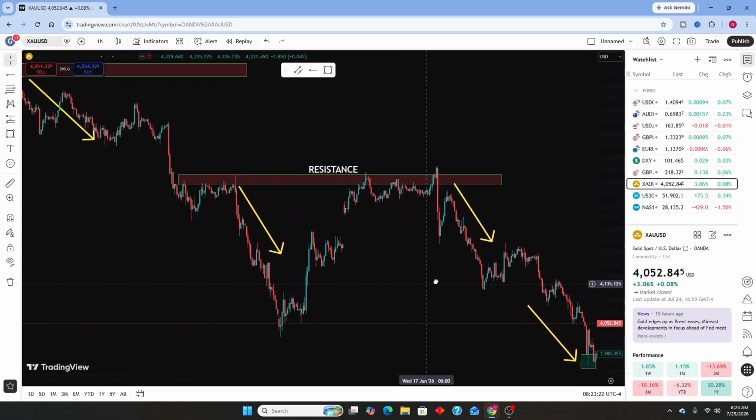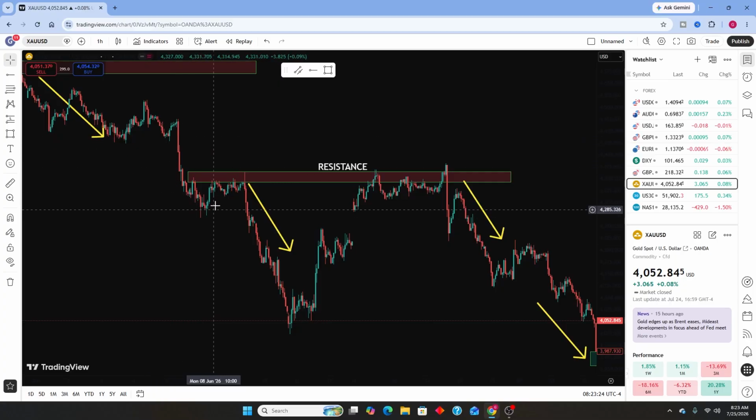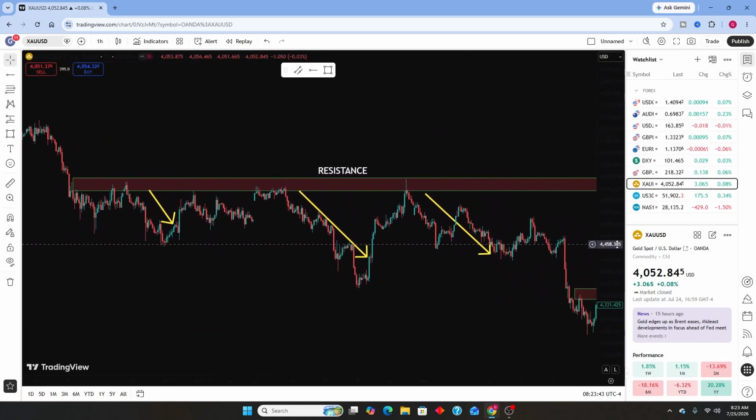Resistance, same thing. We drop in, you see as we come up, small, small, small, multiple wicks, bang. Same thing. We gap up, small, small, small, a little push above, bang, bang. Okay? More resistance.